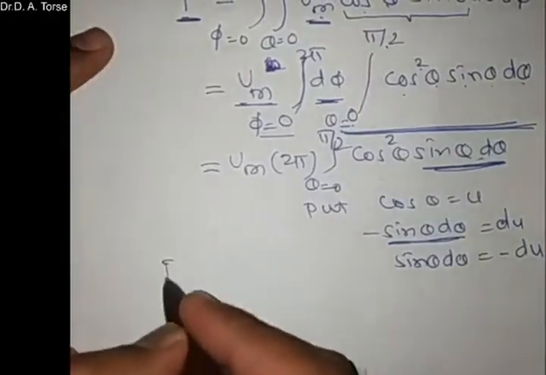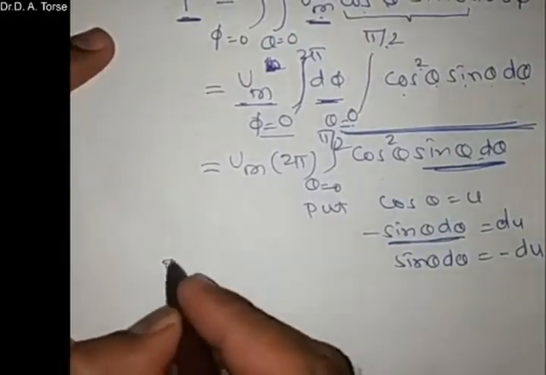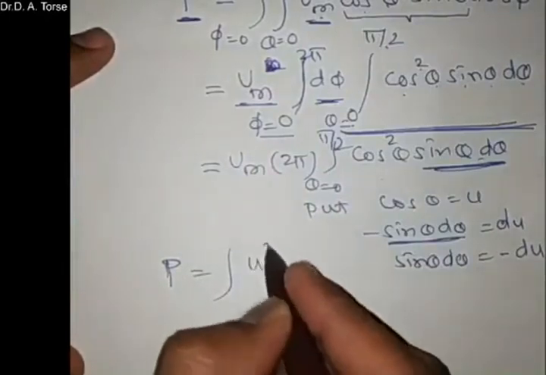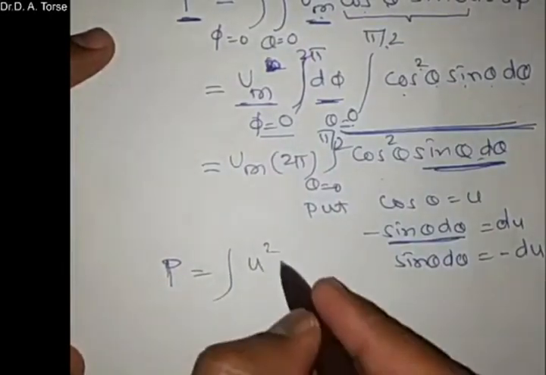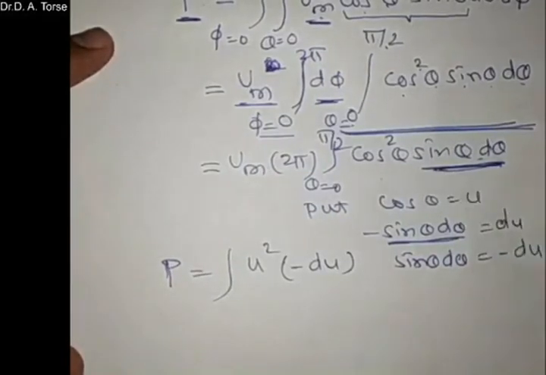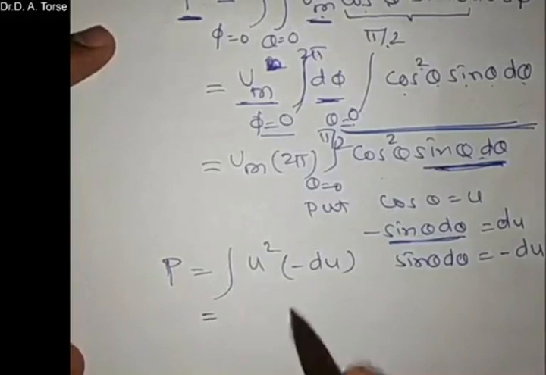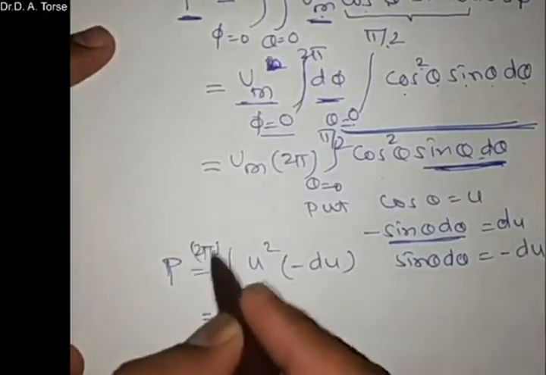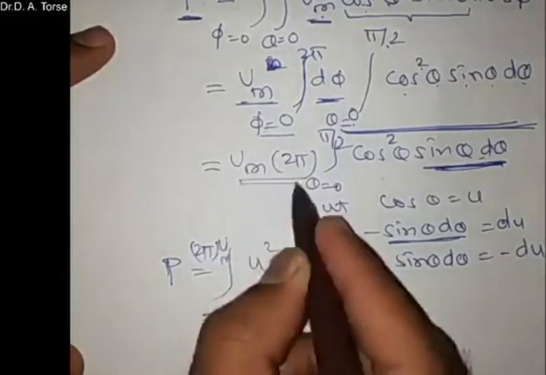Upon substitution, we get u square times minus du, because sin theta d theta is minus du. I'm sorry, the term 2 pi is also there.